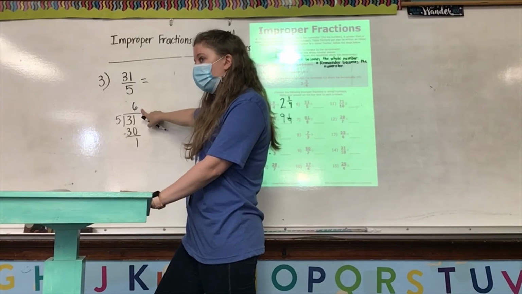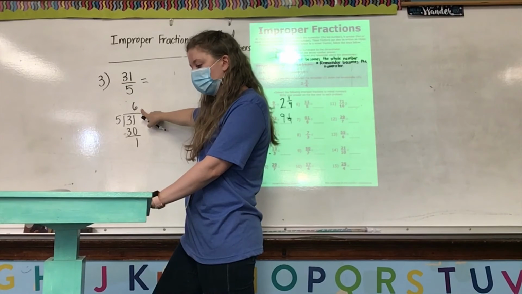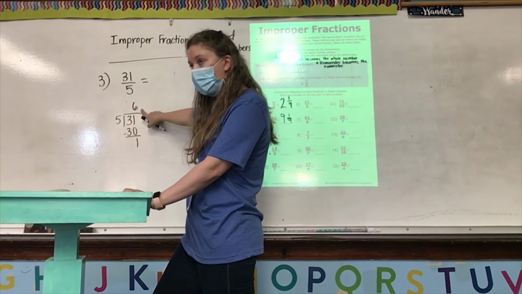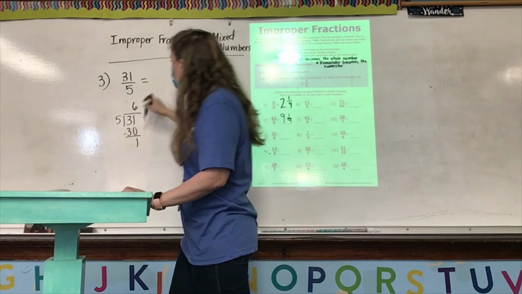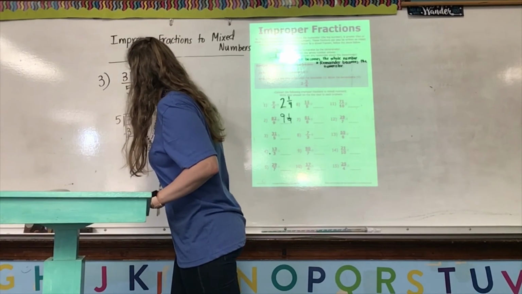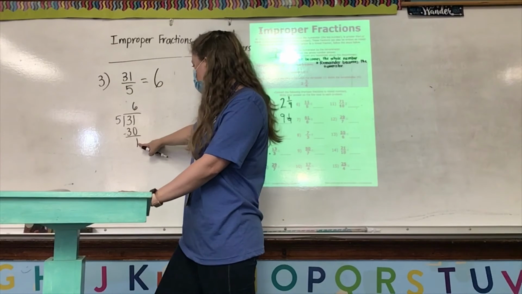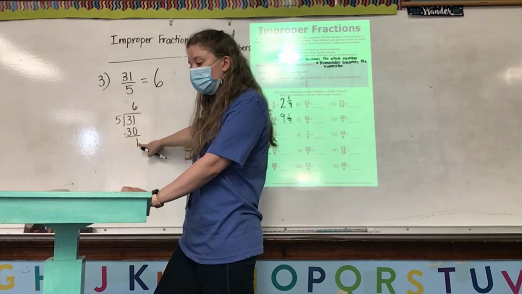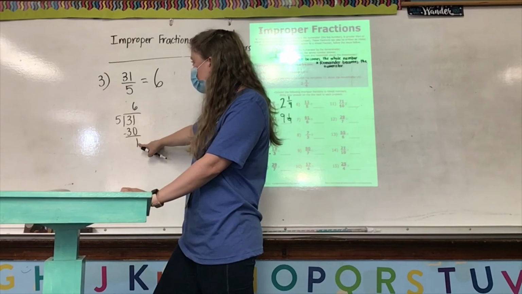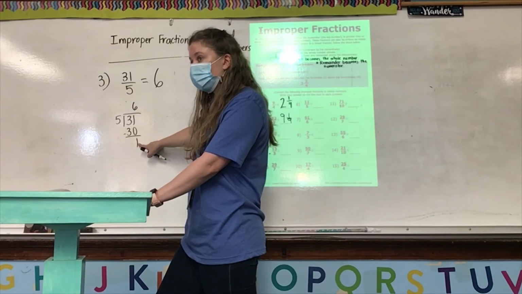Our quotient becomes the... not the numerator. Smith? The quotient becomes the whole number. Mason, the remainder becomes the... It's a pattern. Not the denominator.